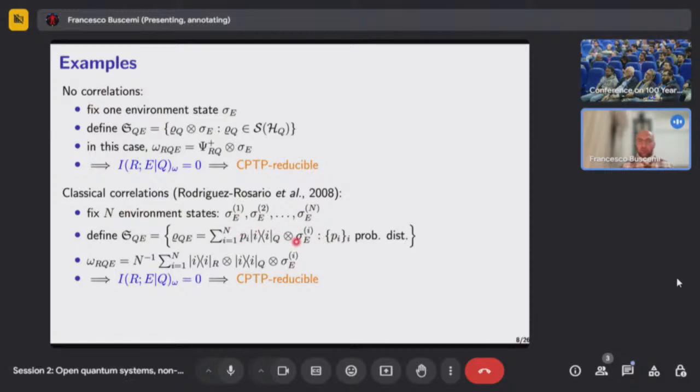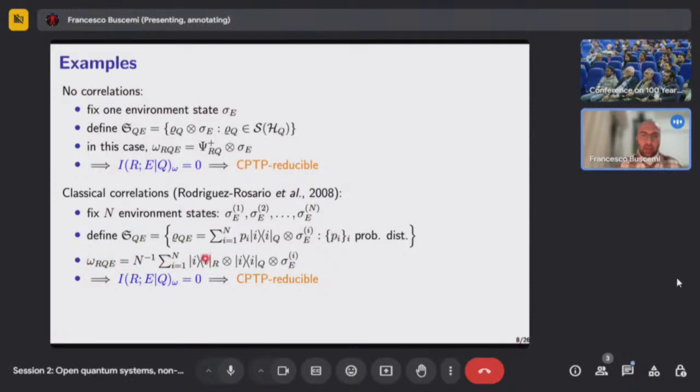So you have states of this form. They are correlated, of course, between system and environment. What they proved here in 2008, by directly computing the dynamical matrix and proving that that matrix is positive semi-definite, is a rather complicated calculation. But if you look upon this counterexample from the viewpoint of steerable initial conditions, you see that this set of states, again, is steerable just by considering a tripartite state of this form.